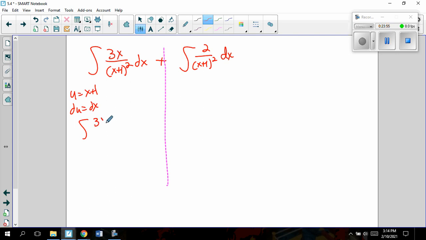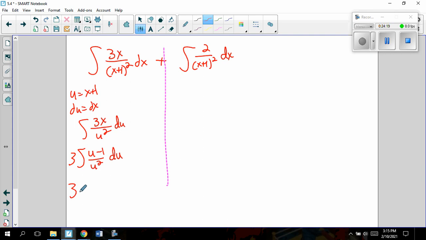The 3x is still there, and now it's over u squared du. Okay, and so I could pop the 3 out. I do need to replace what x is in terms of u, so it's u minus 1 over u squared du. Okay, and then obviously keep going.